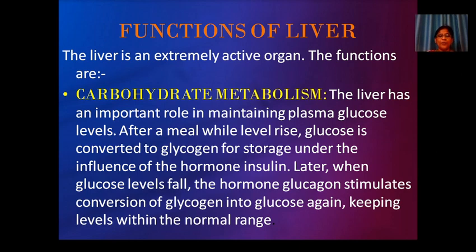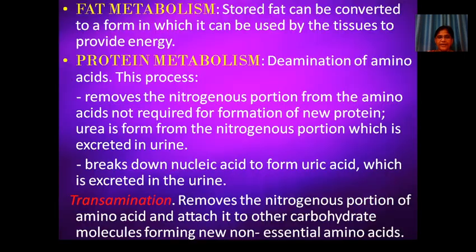So, two hormones, glucagon and insulin. By using these two, the glucose levels will be maintained. Okay, next is fat metabolism. Stored fat can be converted to triglycerides and fatty acids, which can be used by the tissue to provide energy.